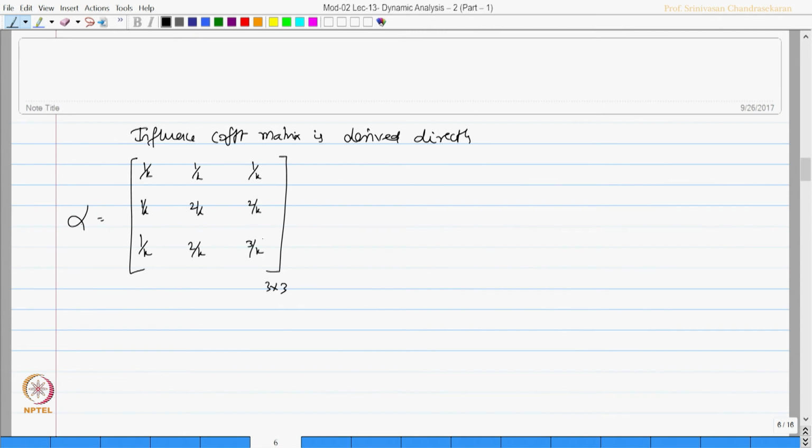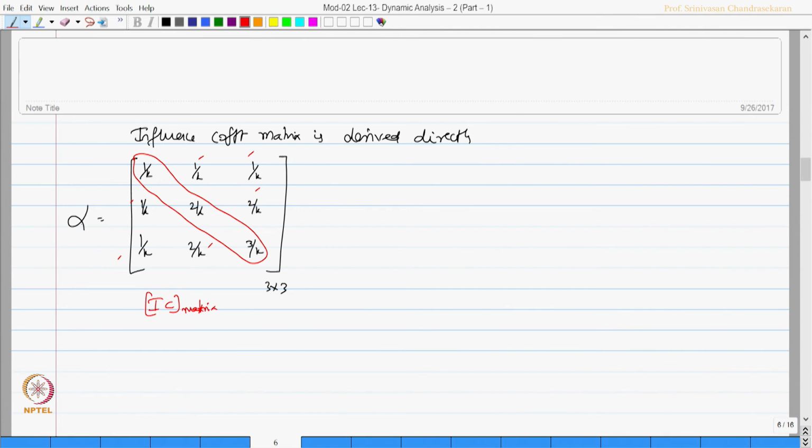So, this is symmetric, diagonally dominant and square. Okay. So, this is the influence coefficient matrix, which is directly derived.